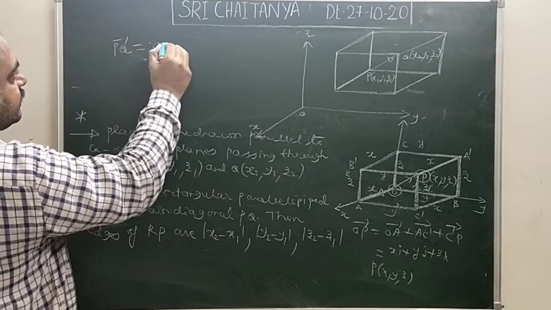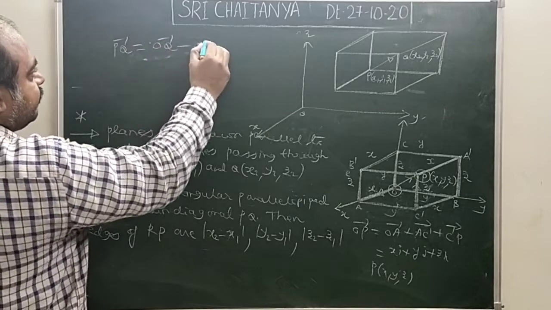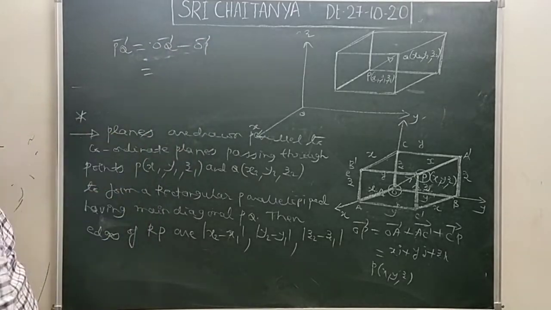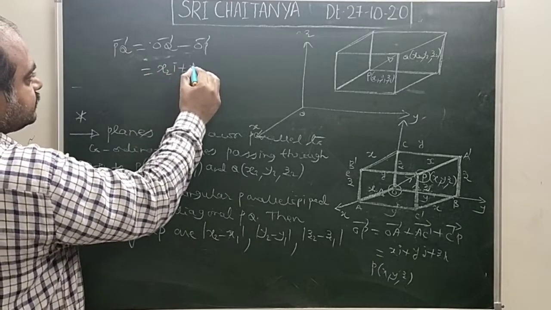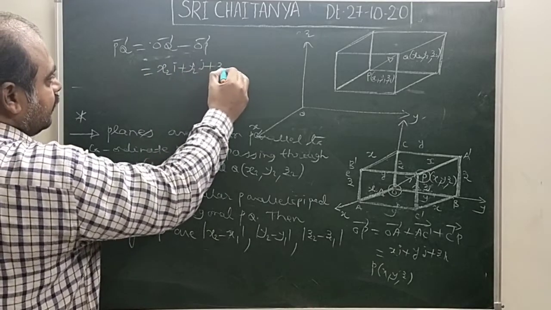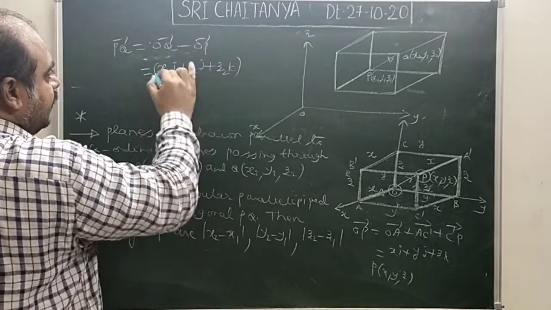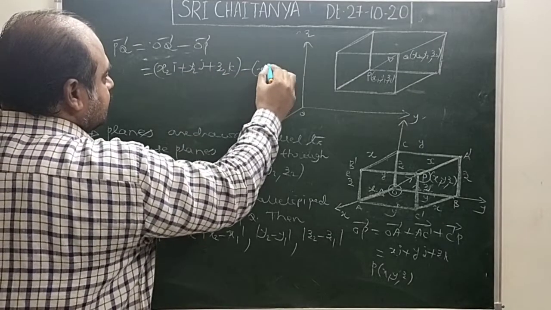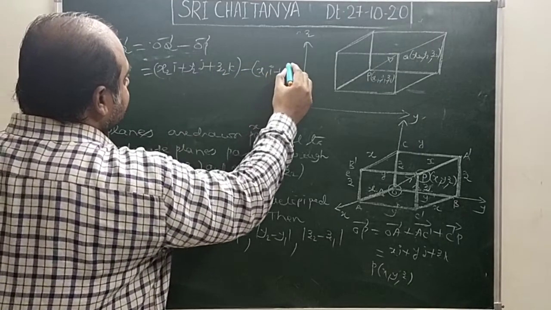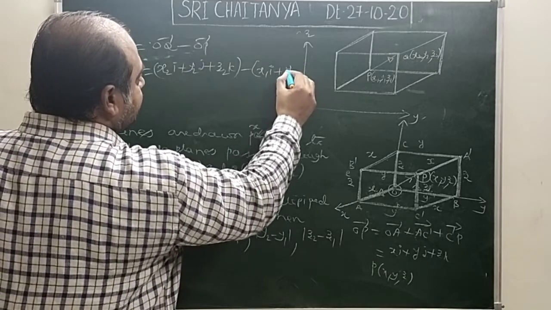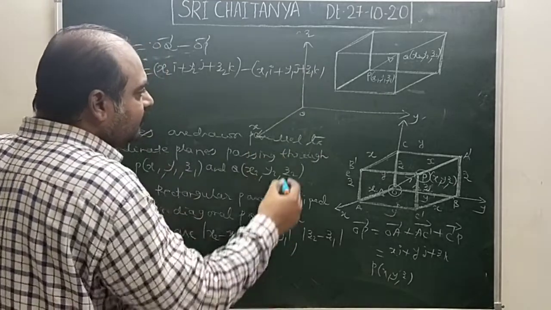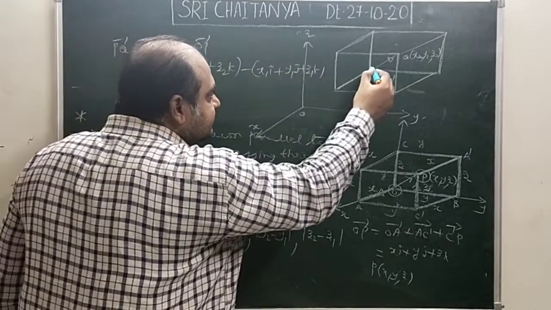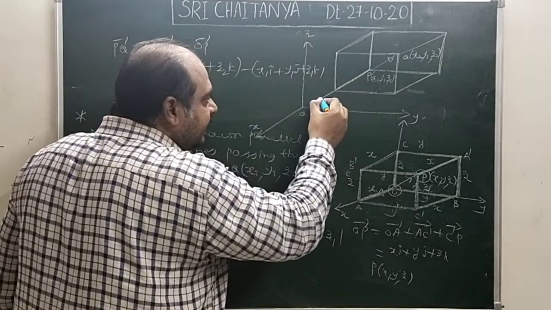PQ bar is nothing but the position vector of Q minus the position vector of P. That means x2 i plus y2 j plus z2 k minus x1 i plus y1 j plus z1 k. Now look, this is the x-axis, passing through P, this is one edge.